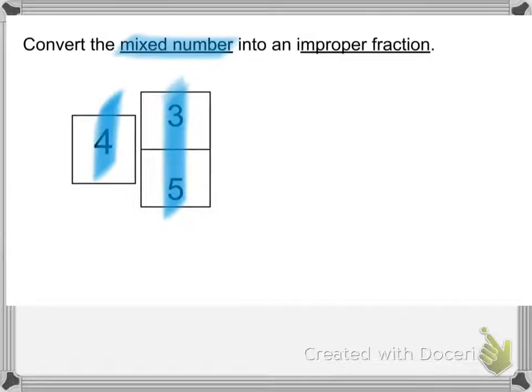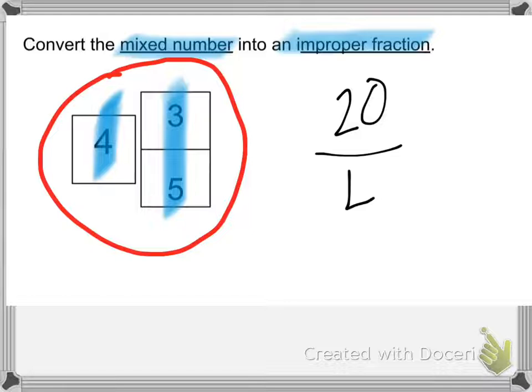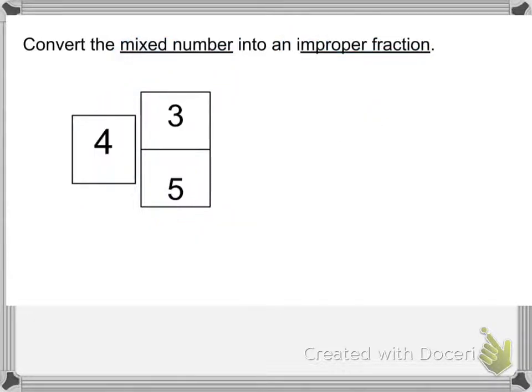So 4 and 3/5 is a mixed number, and we are going to be converting it into an improper fraction. An improper fraction is a number where the numerator is bigger than the denominator. So we're going to be converting this mixed number, 4 and 3/5, into an improper fraction.